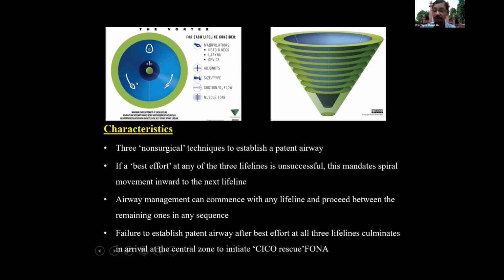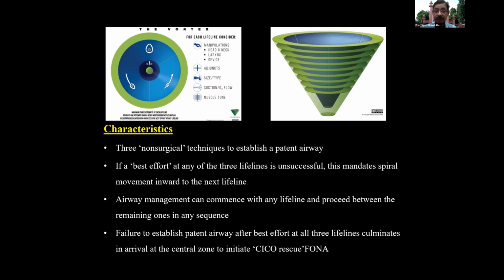By best effort, he means that you can give a maximum of 3 attempts in each of these lifelines. He considers these as lifelines. If you think you need to change, you can change in any direction, and airway management can commence with any lifeline and proceed between the remaining ones in any sequence.